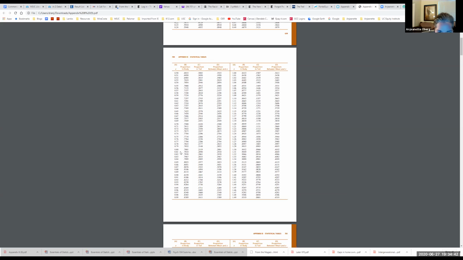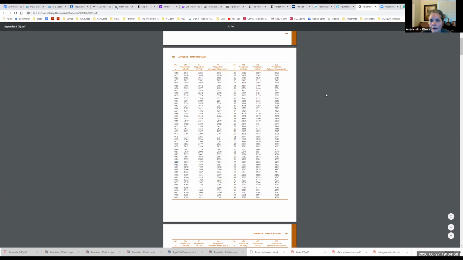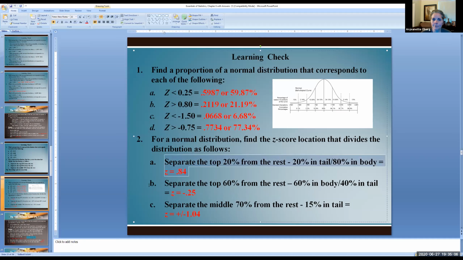Notice 80%, a little over in the body, and 0.1977 in the tail. So I'm going to stick with 0.85. Someone might want to choose 0.84. Kind of subjective there. And so let's go back. And there you go. Okay.